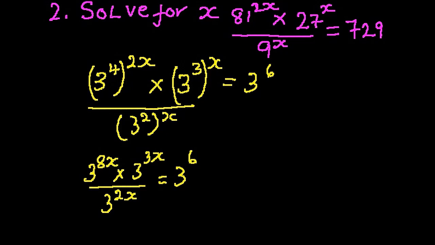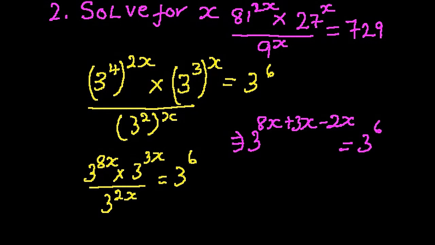Now from there we can use the first row of indices and the second row of indices, and we write this is equal to 3 to power 8x. We now add 3x and we subtract 2x, that is the second row of indices, is equal to 3 to power 6.